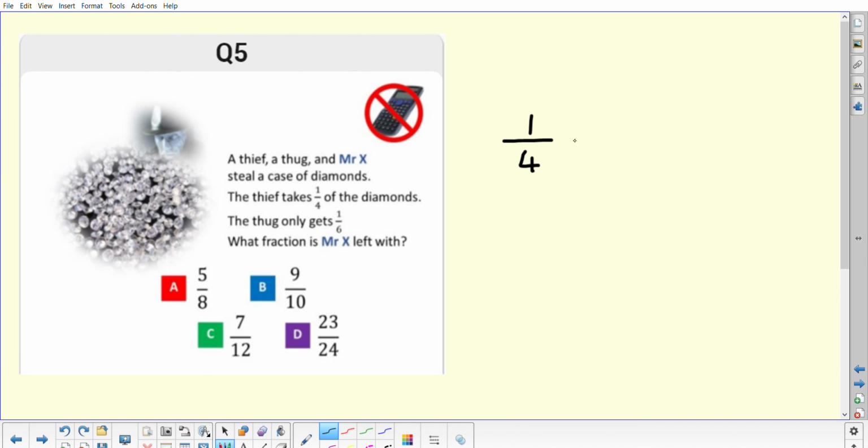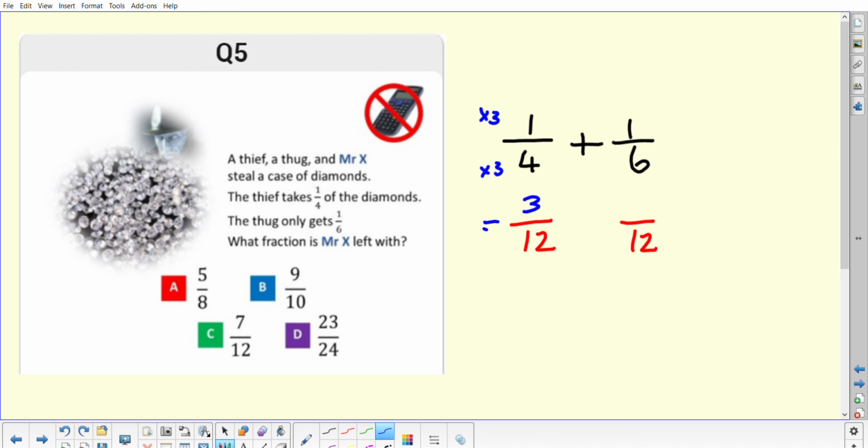So if we work out what 1/4 plus 1/6 is, and to add those two fractions we need to get the bottom numbers to be the same. First number that's in the 4 times and the 6 times table is the number 12, so that tells us the bottom of our fraction needs to be 12. So clearly to change 4 into 12, we would have to times by 3, and we'd have to do that on the top number.